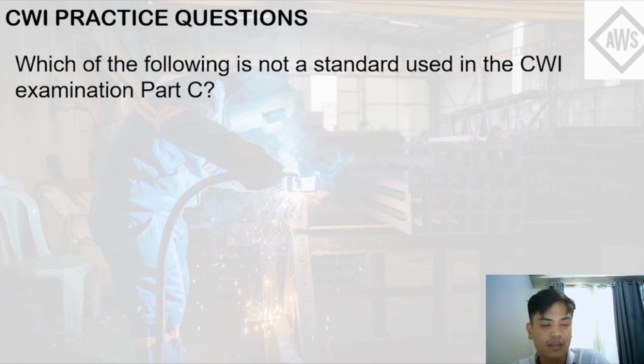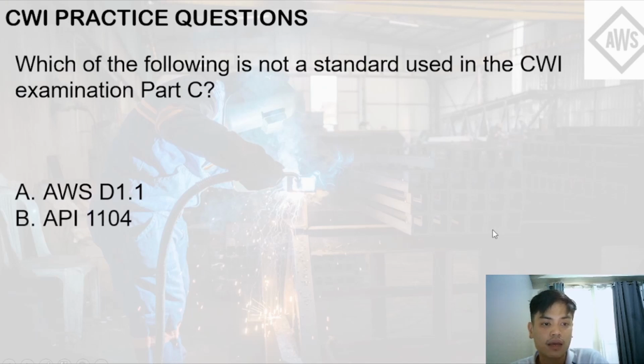He doesn't need to be inspecting just one code or standard after he passes the exam, but in the CWI exam, you need to choose just one. So which of the following can you choose? A, AWS D1.1. B, API 1104. C, ASME 9. D, API 610.